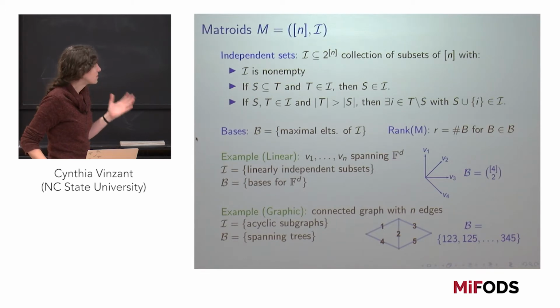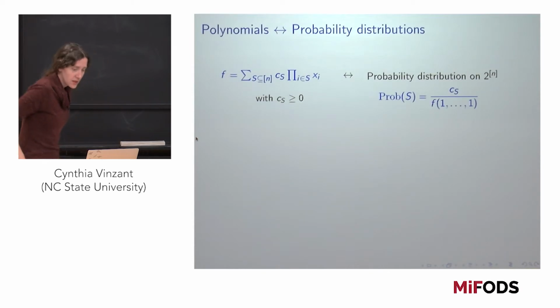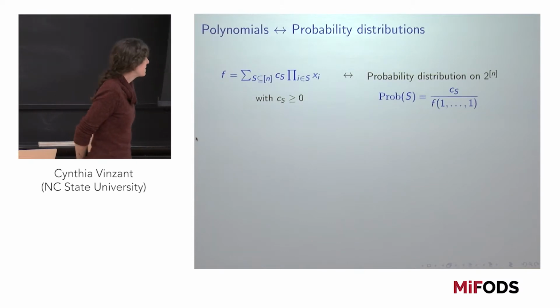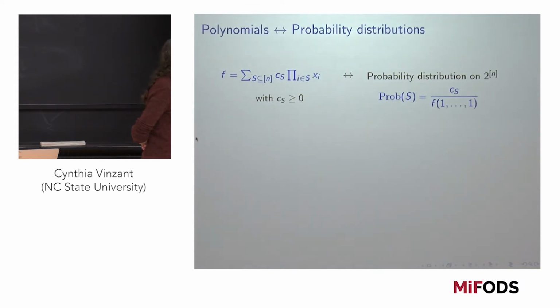And one way I'm going to record this is by using polynomials. If I have some polynomial with non-negative coefficients, and let's say the only monomials that show up are products of disjoint variables, I'm going to associate to that a probability distribution on the subsets of 1 through n, where I consider the probability of some subset as being proportional to the non-negative coefficient.